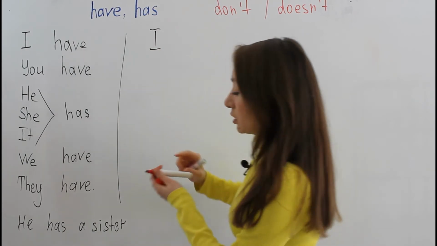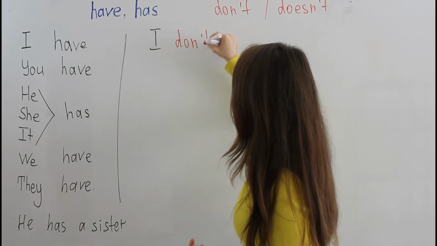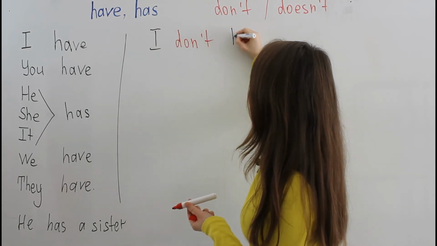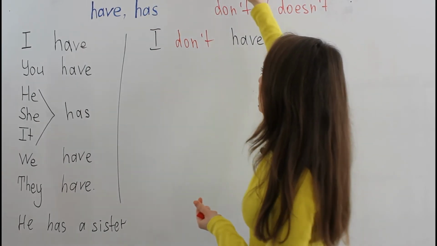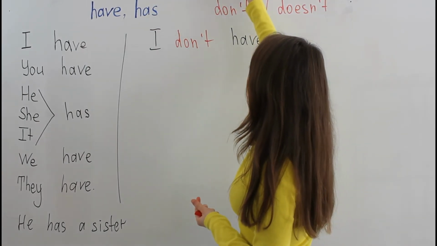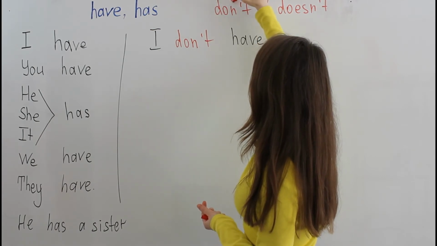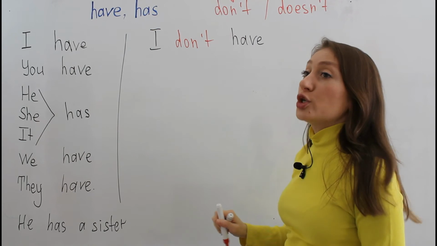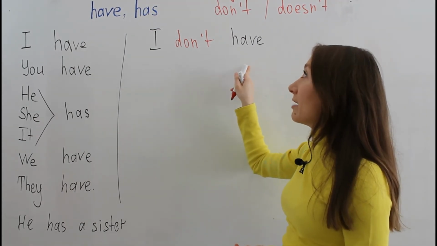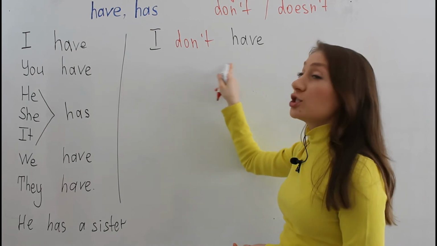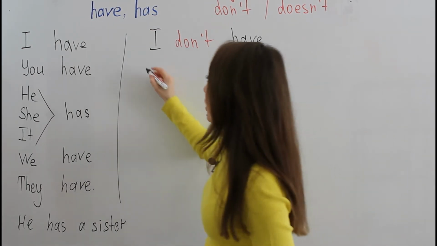I don't have. So what does it mean, don't? Don't, it's the combination of two parts, do not. So in short, we use it don't. You can say I do not have, or you can say I don't have.